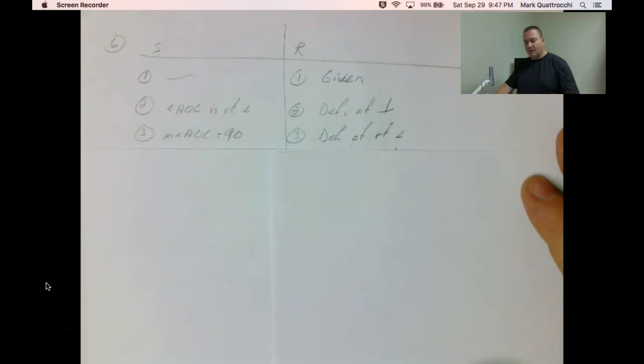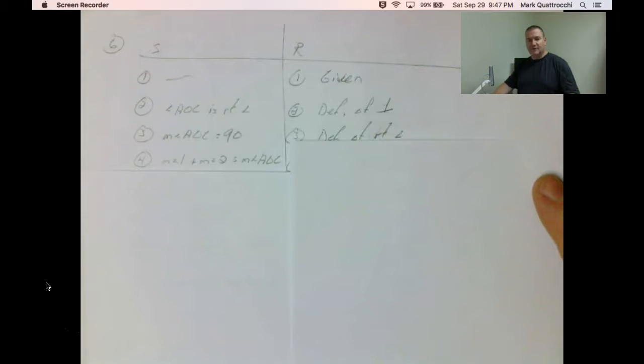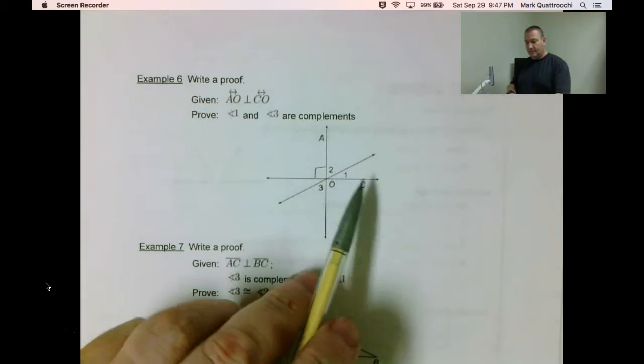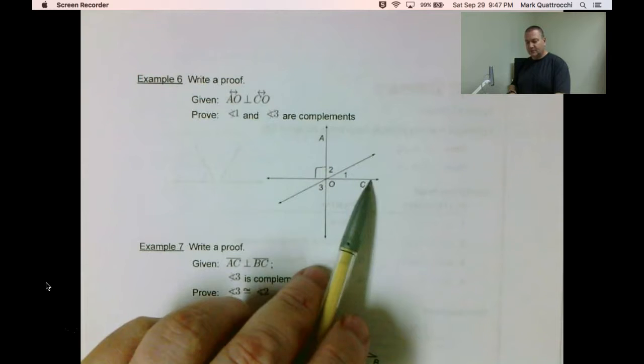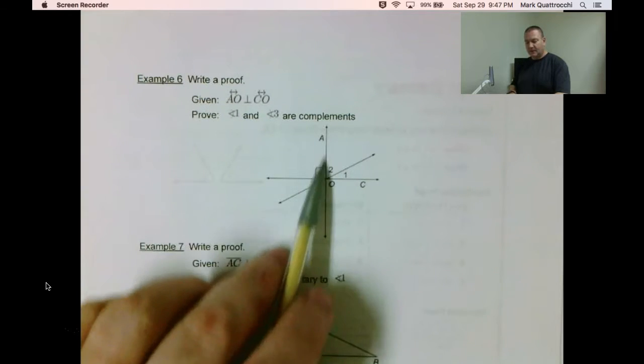What can you tell me about angles 1 and 2 in the diagram? Well, the measure of angle 1 plus the measure of angle 2 equals the measure of angle AOC. How do I know that?